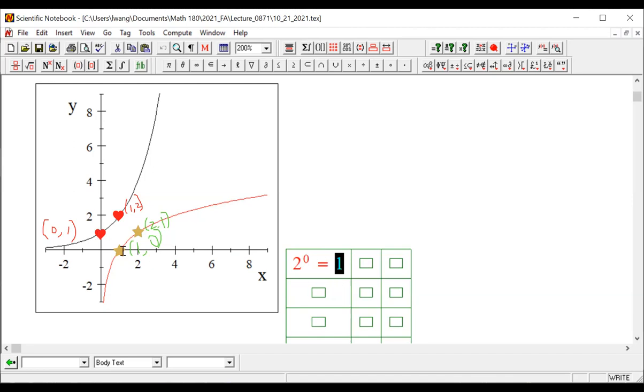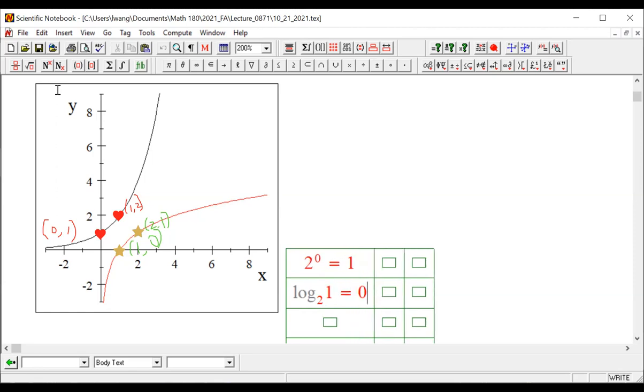And this is log base 2 of 1 equals 0. Input is 1, output is 0. Do you guys see that? These are two different functions. You can keep going. We did that in class, didn't we? That's the effect of swap.